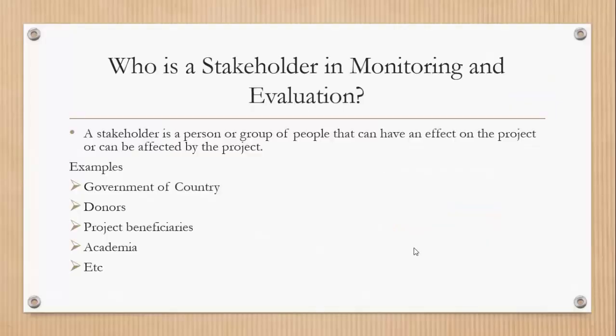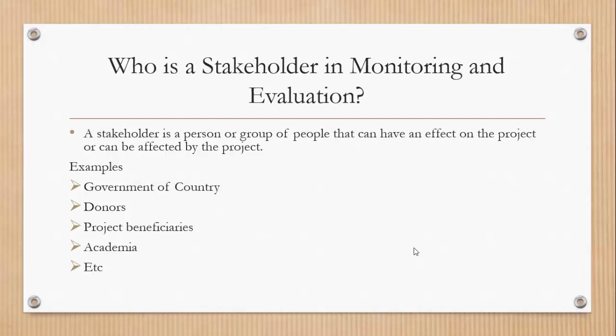Okay, now let's get to who a stakeholder is. I've used who is a stakeholder in monitoring and evaluation for obvious reasons, because I want to align this to M&E. Now, a stakeholder could be a person or a group of people.